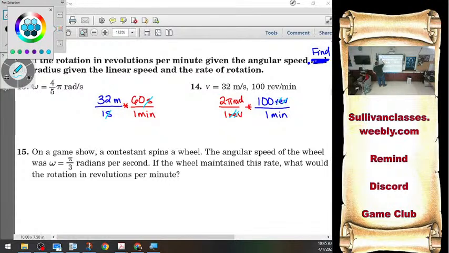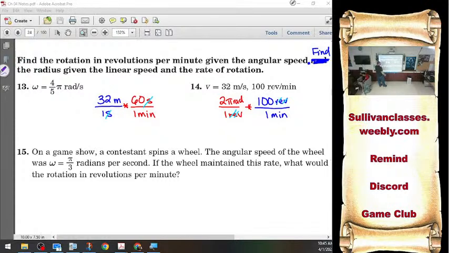And now in the middle, they are both in minutes. I now have 1920 meters is equal to 200 pi radians. Yes, it is.